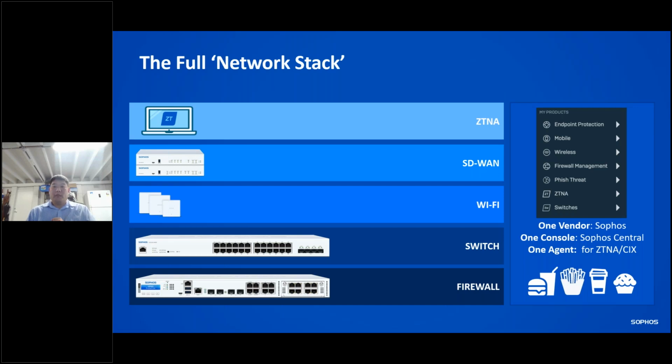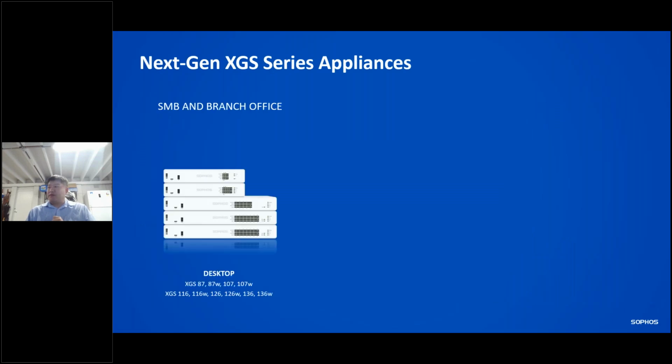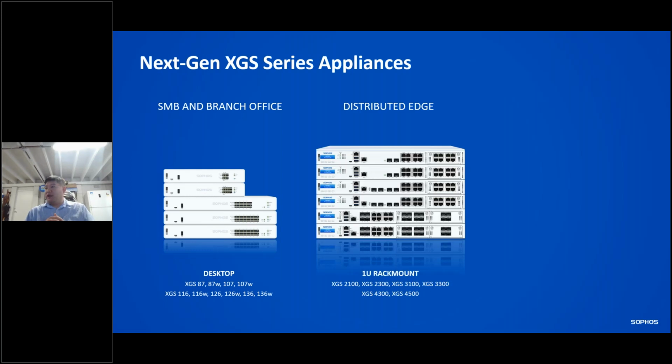So, a quick high-level overview of the XGS appliance. I won't go into the models specifically. There are 10 desktop appliances, including the non-wireless version and the inbuilt wireless version. The second group is the distributed edge environments, where customers have many branch offices or remote locations that you need to secure.